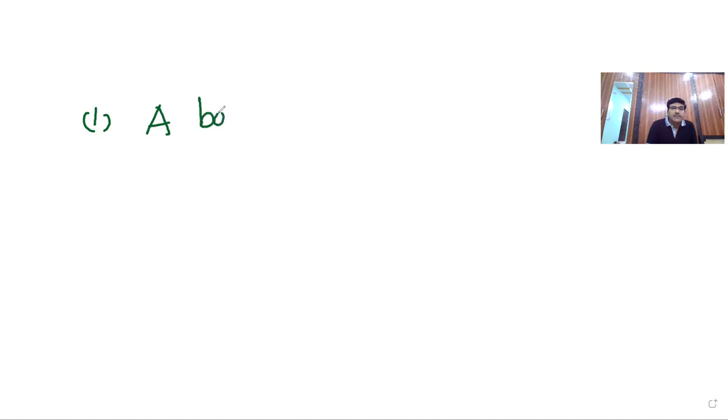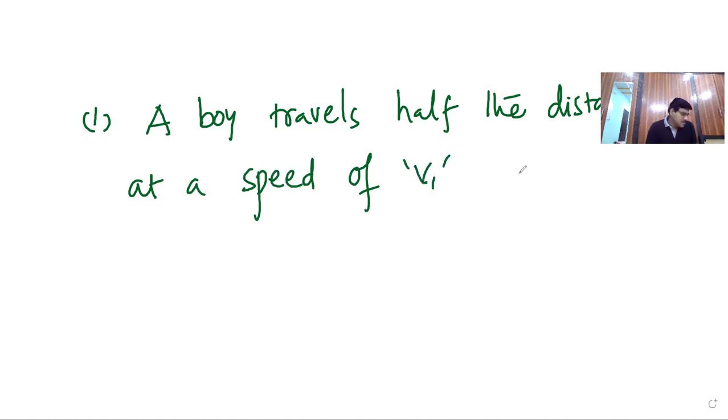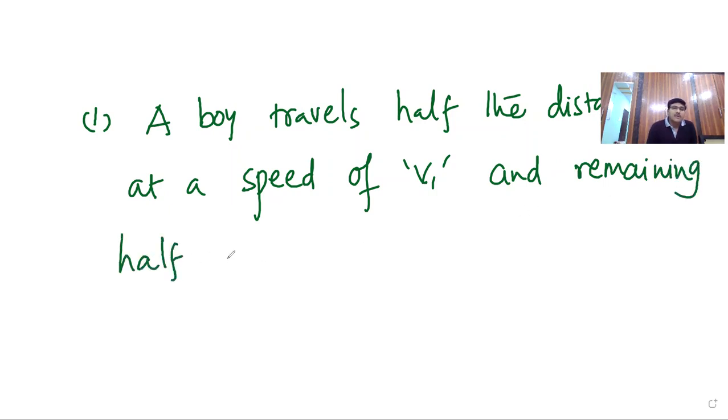A boy travels half the distance at a speed of v1, and the remaining half at a speed of v2.